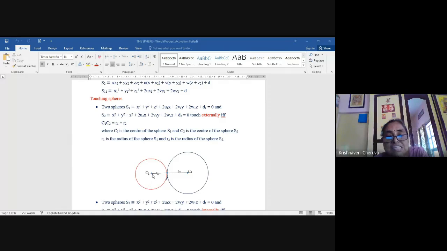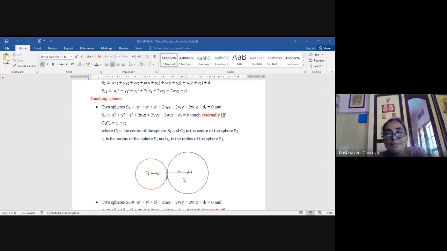In the figure, this is the line joining the two centers. You find the distance between C1 and C2 using the distance formula, and you also know how to find the radius of the first sphere and the radius of the second sphere.